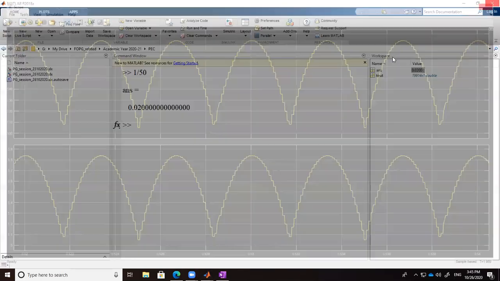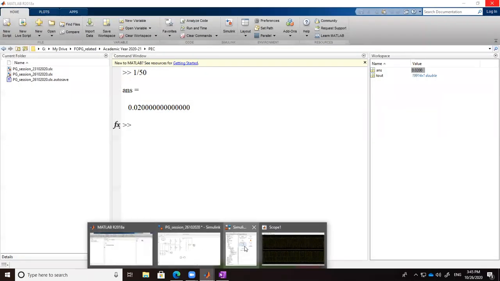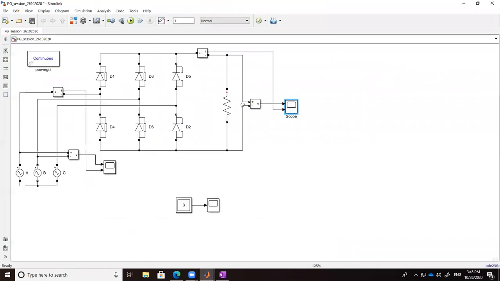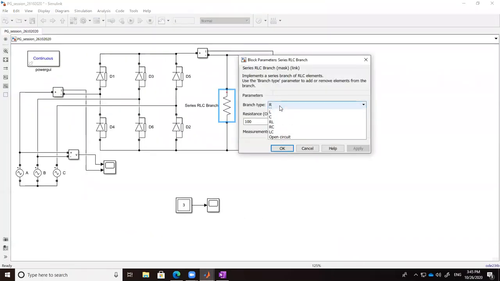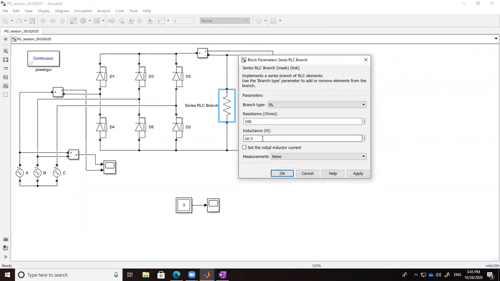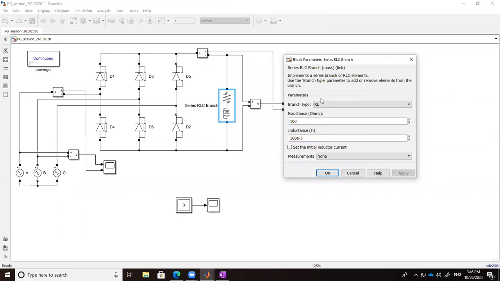Now, if I make it RL, why do I need to have RL? Because the inductor will filter out the current ripple. The property of the inductor is to filter out the current ripple.